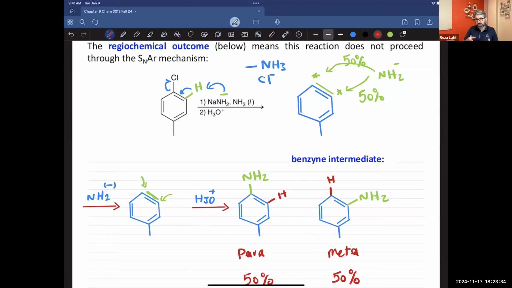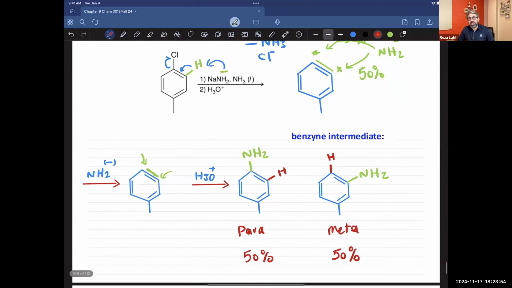And yes, their position relative to the methyl group is different, but you can't differentiate them by steric effect. And so when the nucleophile wants to reach them, it has a 50-50% chance to reach either of them. And that's the reason I get such a product. And this is going to be the end of this lecture, and thank you very much.